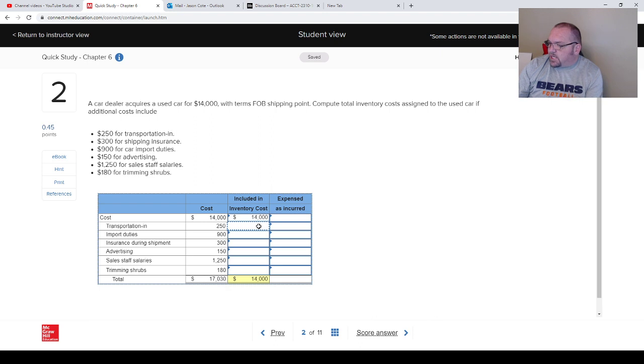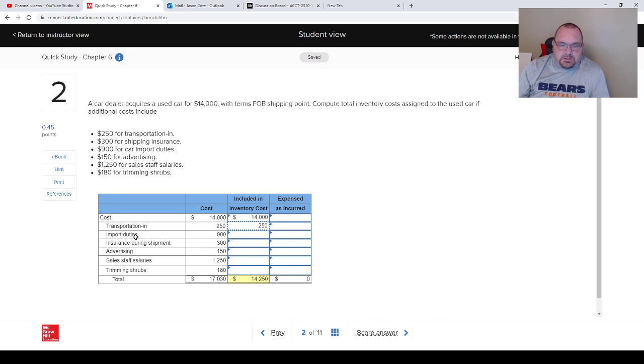If we're going to pay transportation costs, that means it must have been FOB shipping point, which means we pay the shipping. So it's going to be one of our costs. We add to the cost of the car. This is kind of weird. It's not a very expensive car, but it has import duties, which deals with cars coming in from overseas.